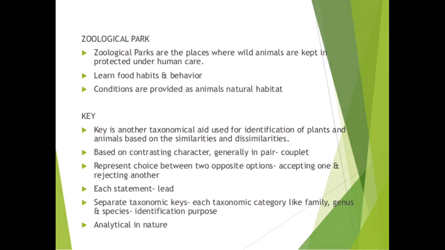Now next, taxonomical aid is key. Key is another taxonomical aid used for the identification of plants and animals based on similarities and dissimilarities, based on contrasting characters, generally in pairs, that is a couplet, representing a choice between two opposite options, accepting one and rejecting another.